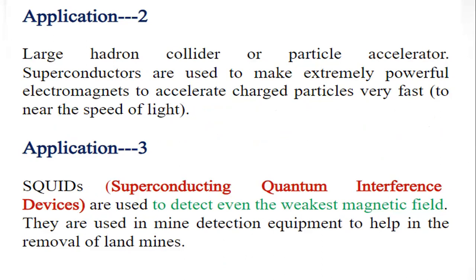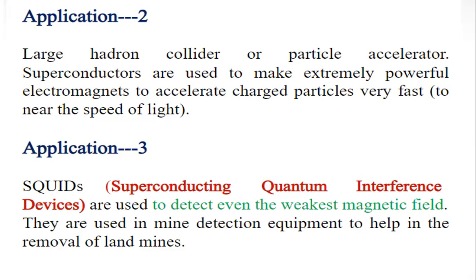What is the second application? High particle accelerators. You can use these for high particle accelerators in the R&D department, particularly research and development. Superconductors are used to make extremely powerful electromagnets, which will accelerate the charged particles.